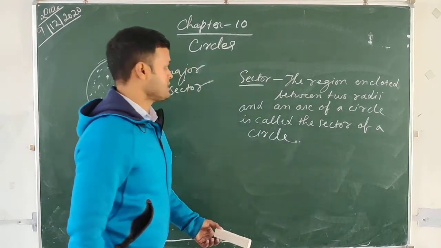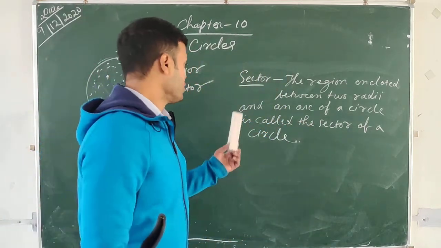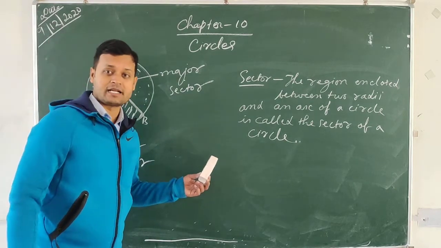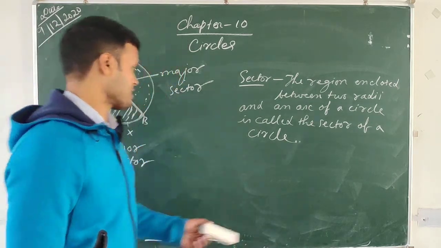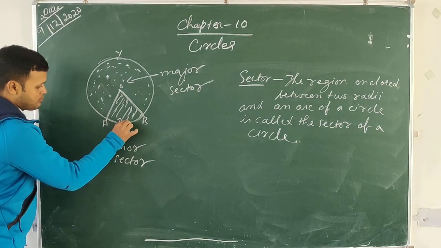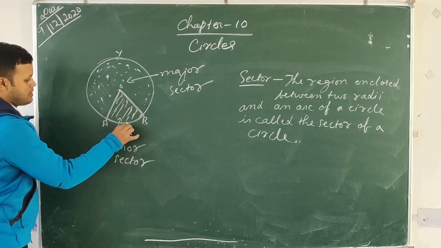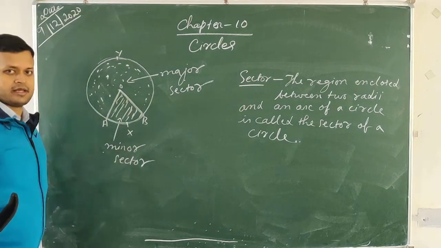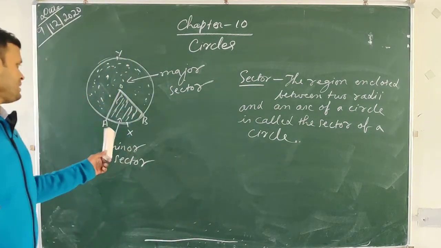Okay, friends. The region enclosed between two radii and an arc of a circle is called the sector of the circle. So how will we name this sector? Just like before, I am marking one point here, X, and one more point here, Y, so that you can easily understand.